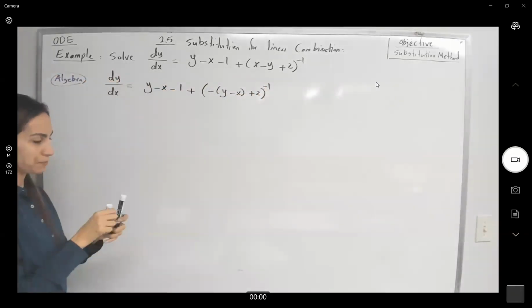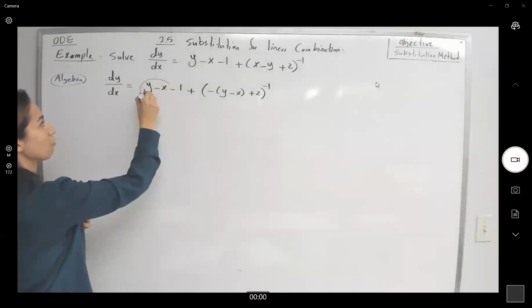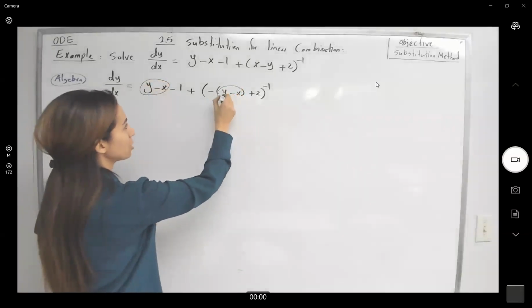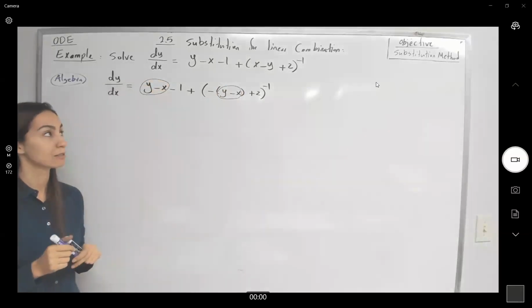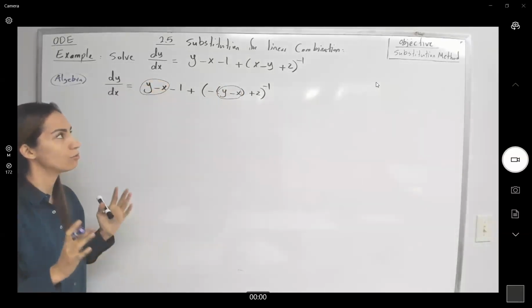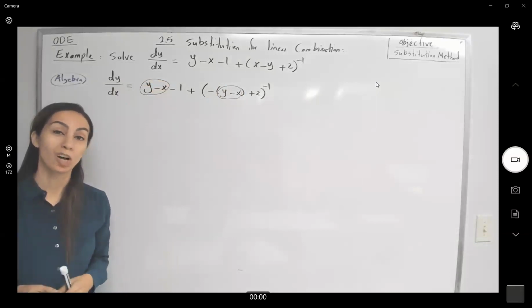As you can see, the quantity y minus x, the linear combination between x and y, is repeated here and here. So what you can do is apply the substitution method.